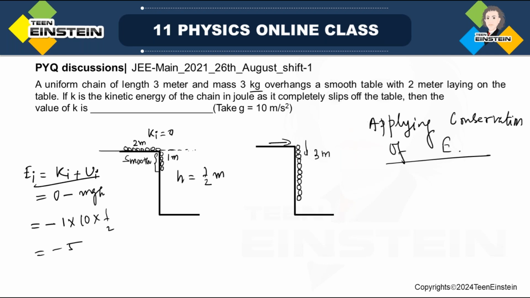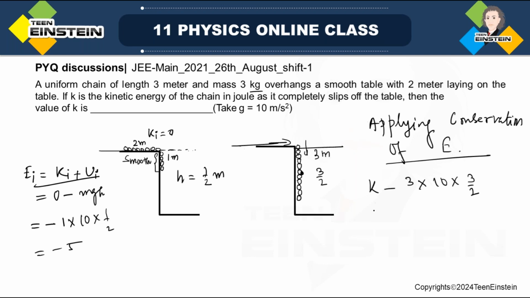So finally, suppose it has got certain kinetic energy K plus potential energy. Here the potential energy will be at 3/2 meter, and this potential energy also will be negative because it is also taken below the reference level. So m will be total 3, g will be 10, and height will be 3 by 2, the height of the center of mass from the reference level.